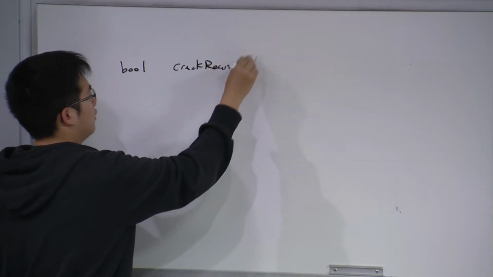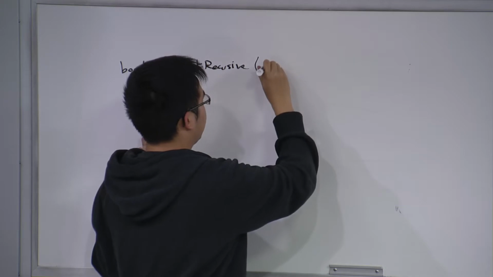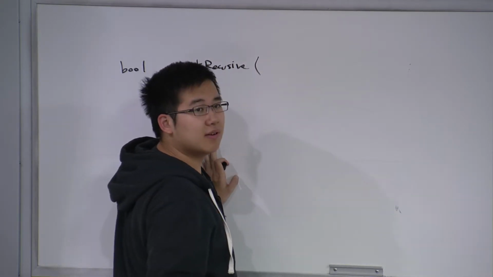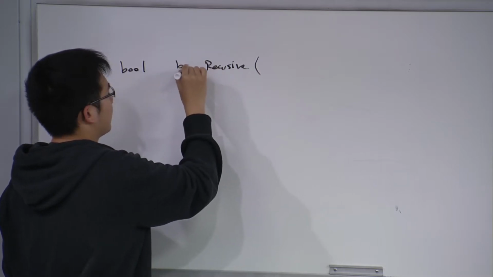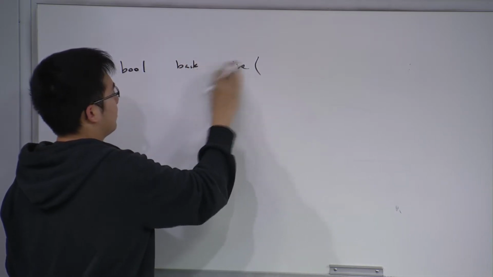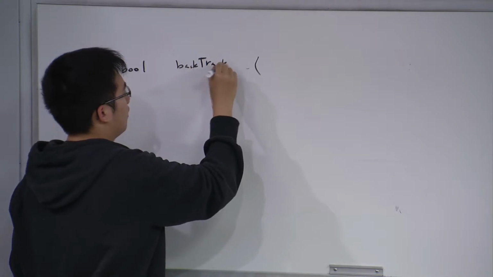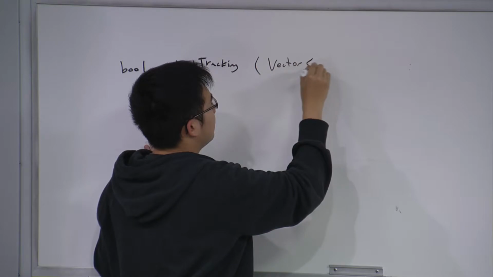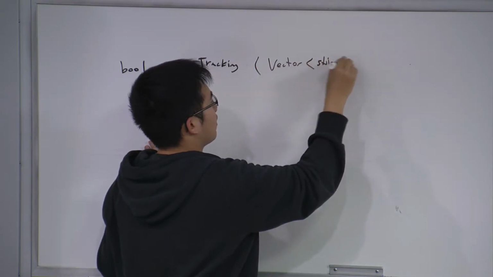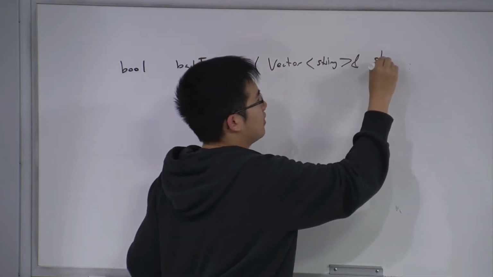Let's not use crack. Let's use just some general recursive problem. Backtracking. Many times you'll have a vector or something, maybe a string, of things that you've chosen.